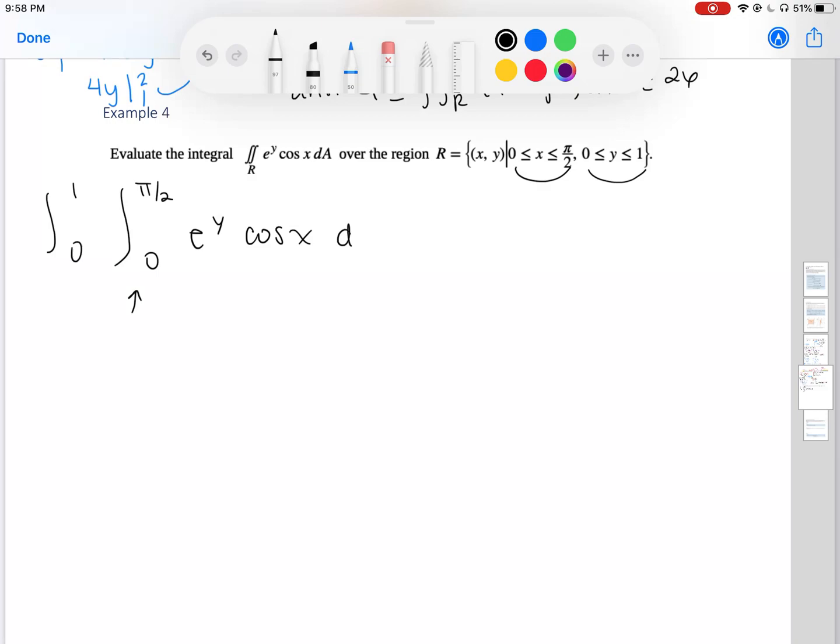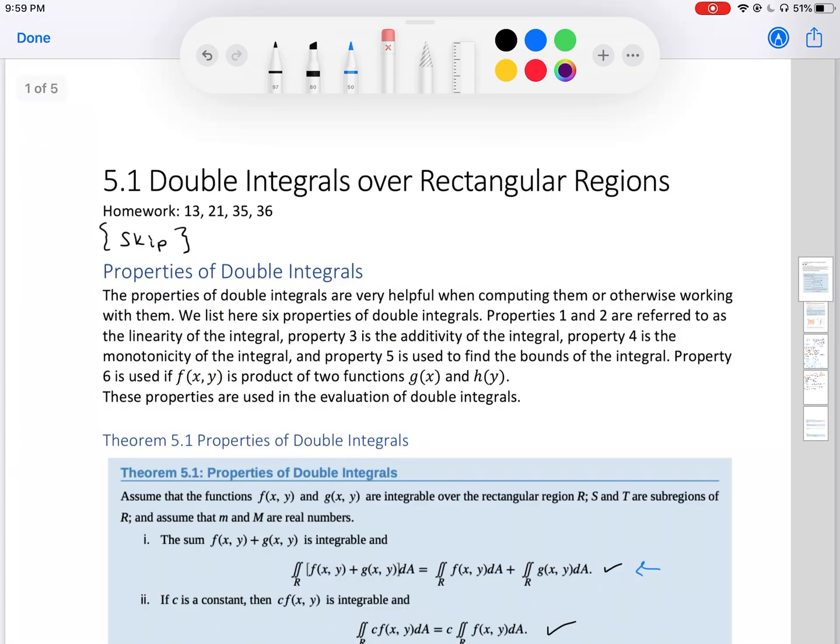Our first bounds are x and then y. So we write dx dy. Now, according to our sixth rule, if we have two functions being multiplied, we can also split them. So let's take a look at our sixth rule.